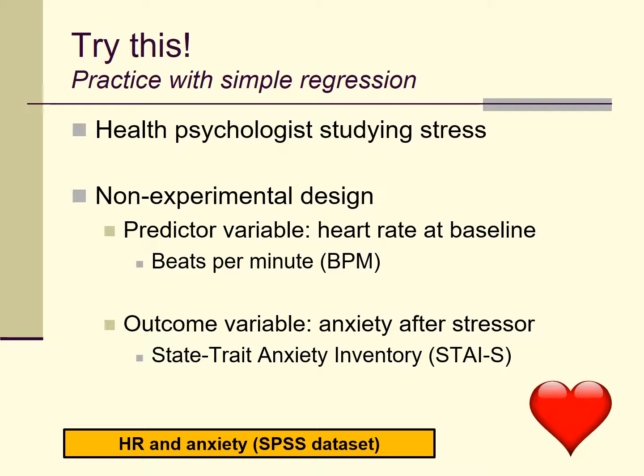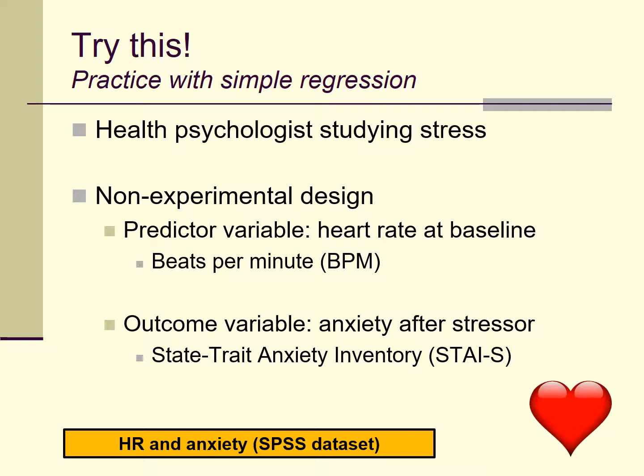And let's say you're operationalizing that as the State-Trait Anxiety Inventory's state measure, so how much your sort of acute level of anxiety is following some sort of a stressor. Maybe you have a prediction that people who have higher levels of resting heart rate are more stress reactive, so they'll report more anxiety once you've given them a stressor or something like that.